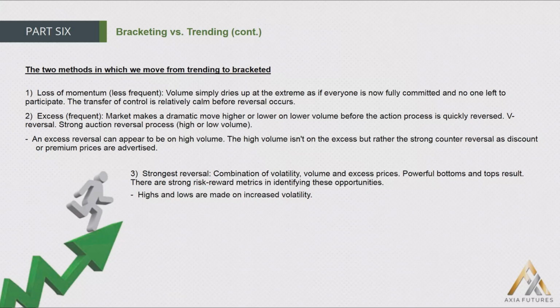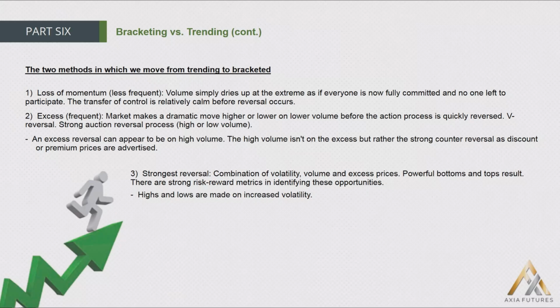So just note, an excessive reversal can appear to be on high volume. So it can look as though something crazy is going on in the market, and there's a lot of aggressiveness, and there's almost aggressive trend. But the important thing to understand is the high volume isn't on the excess. In other words, it isn't from the buyers buying up and initiating at higher prices, but it's actually on these higher prices bringing in other responsive sellers.